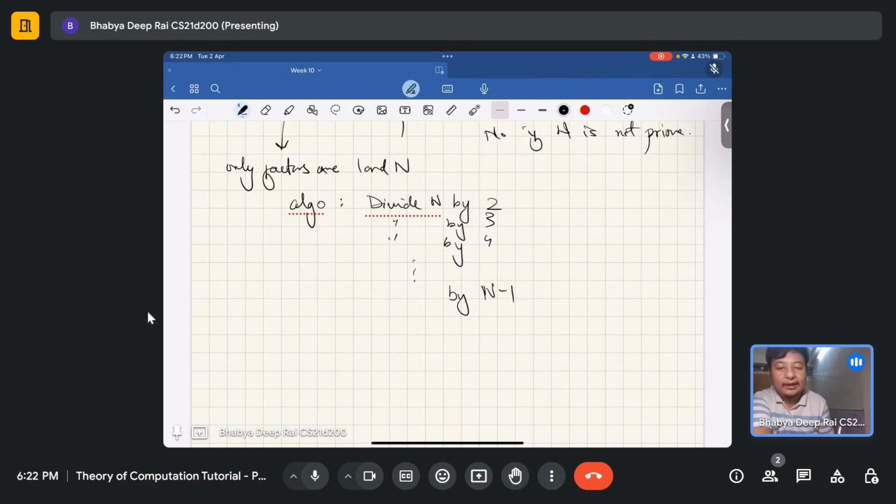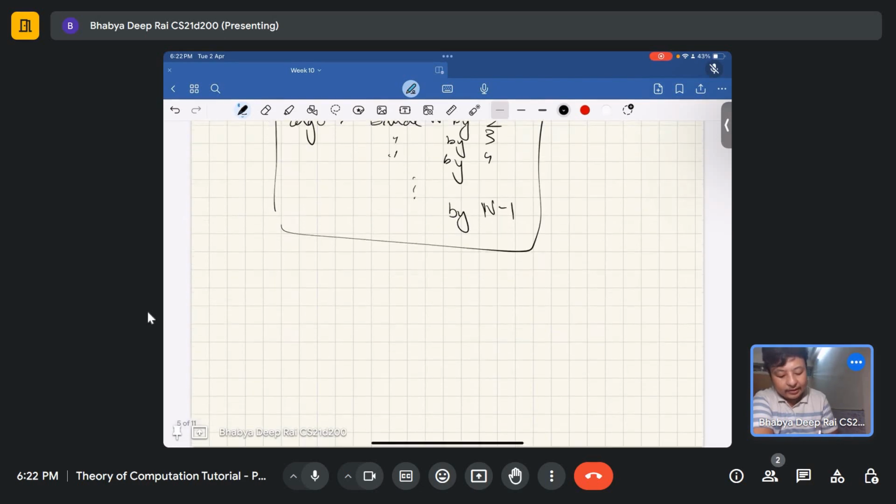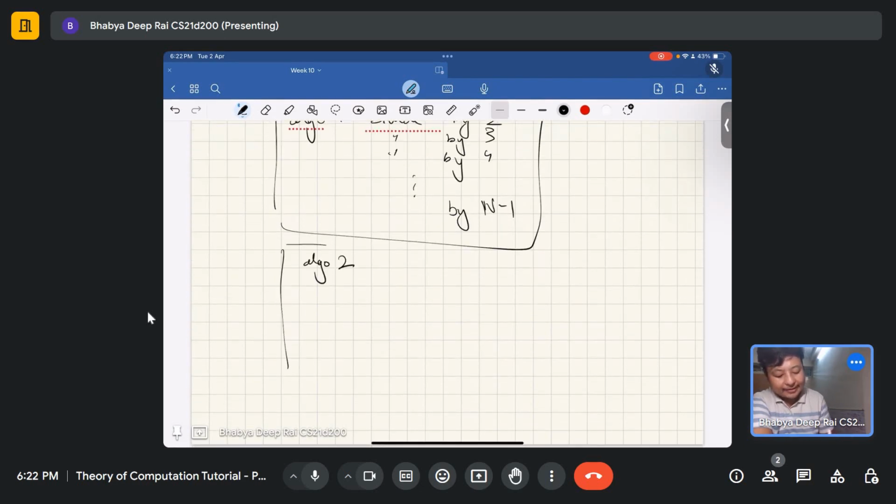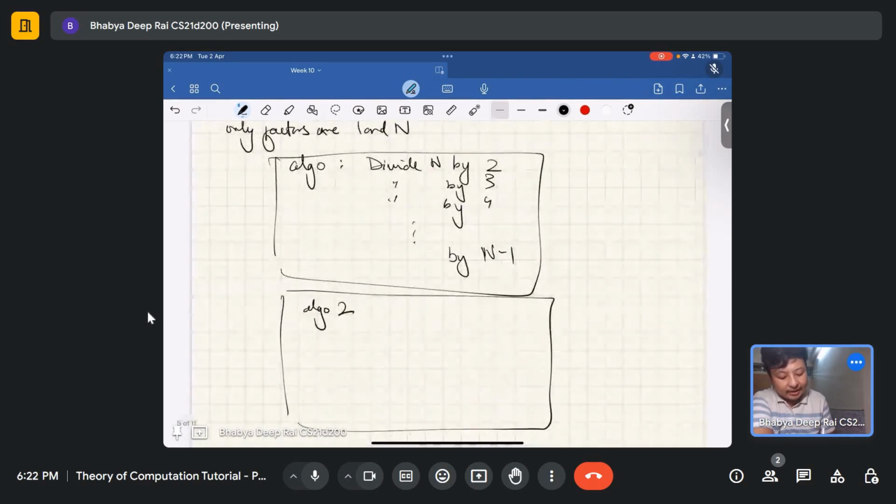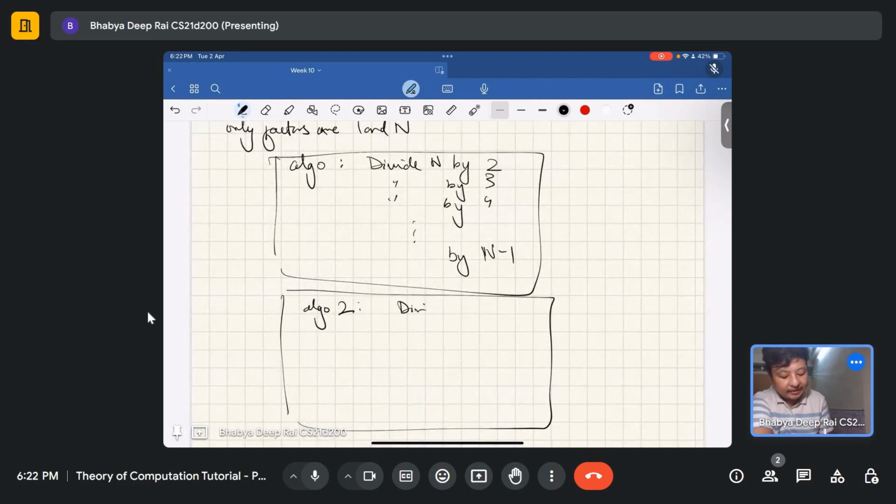Okay, and this is one algorithm. Another, slightly clever algorithm is to divide n by 2, by 3, by 4, and so on until root n and then stop.